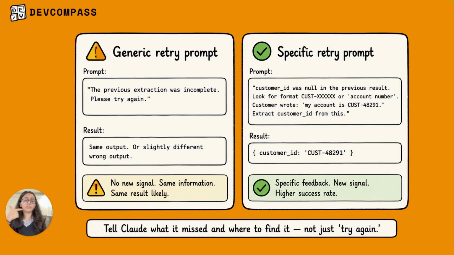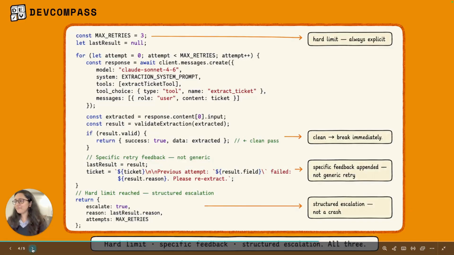What failed, where to look, and the exact text containing the value. So this is the correct retry format. Specific feedback, new information, new signals, so a higher success rate. Tell Claude what it missed and where to find it, not just, hey, try again. That really doesn't work.